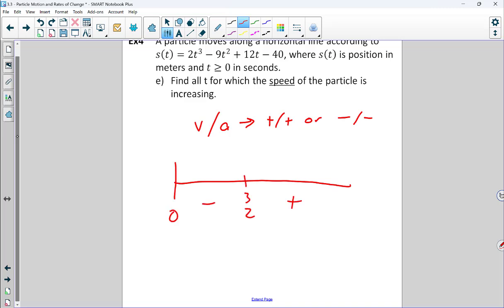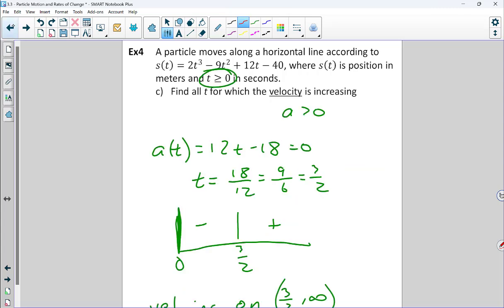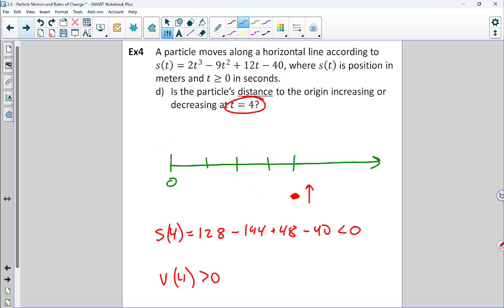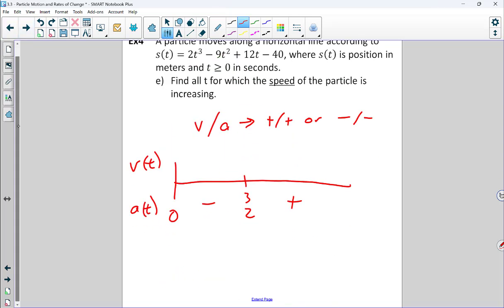For acceleration. And then for velocity, it was at 1 and 2, positive, negative, positive.